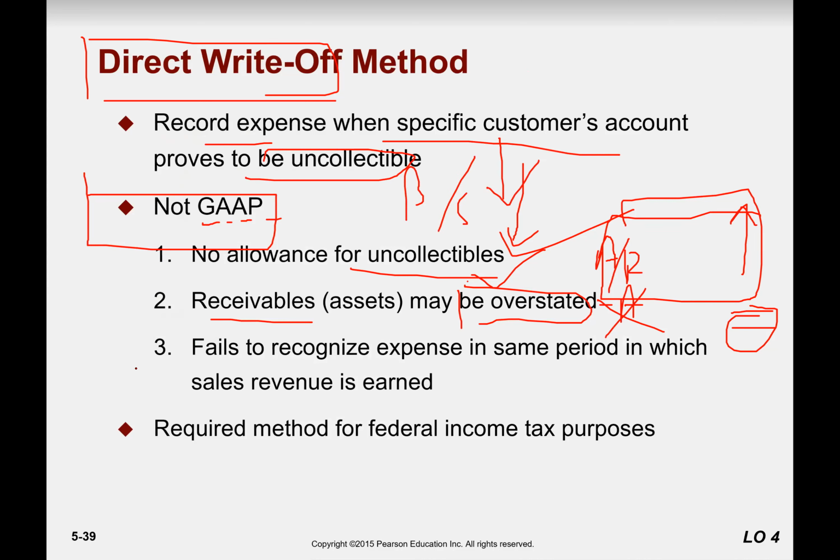Plus, it fails to recognize expense in the same period in which sales revenue is earned. What if your sales happen in September 2021 and your collection was supposed to be in 2022?